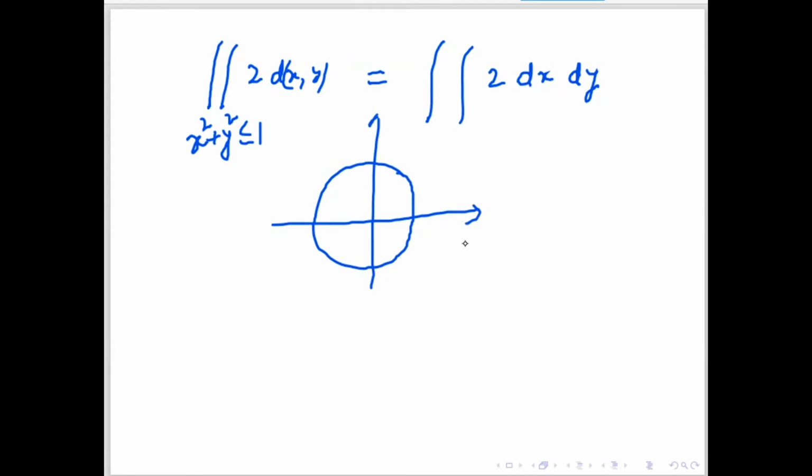So this is the circle x square plus y square equal to 1. This is the region R. So what will be the limit of x and what will be the limit of y? Can anyone tell? You can take horizontal strip, you can take even vertical strip, whatever strip you want, you can take.